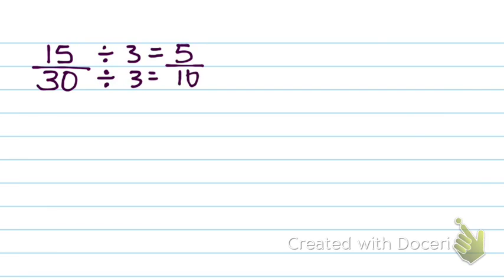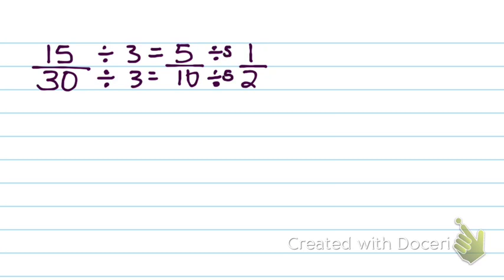Okay, so now I'm down to 5/10. Can I still divide both of those numbers by something equally? What, Mateo? I can't divide 5 by 2. This is the smallest you can get. No, that can get smaller, I guarantee it. Well, I can divide them both by 5, can't I? Okay, so let's divide them both by 5. 10 divided by 5 is 2.